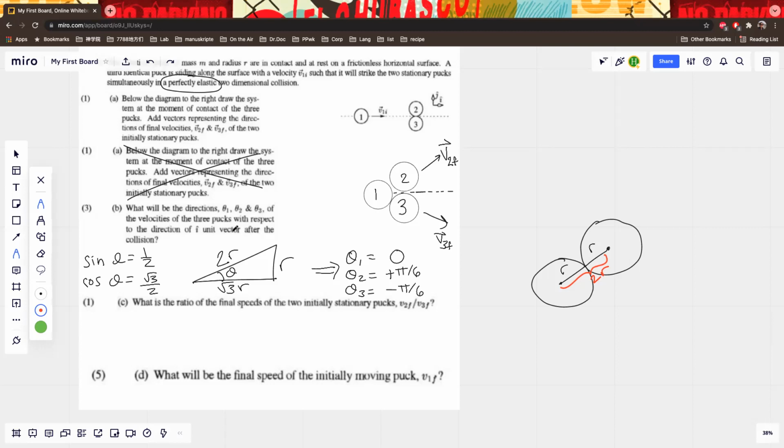So why would the angle be pi by 6 instead of pi by 4, as you were saying?